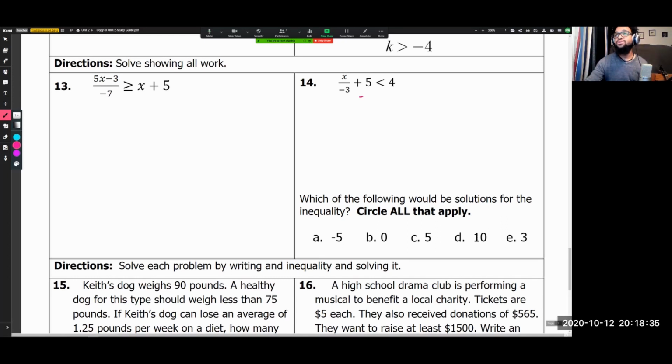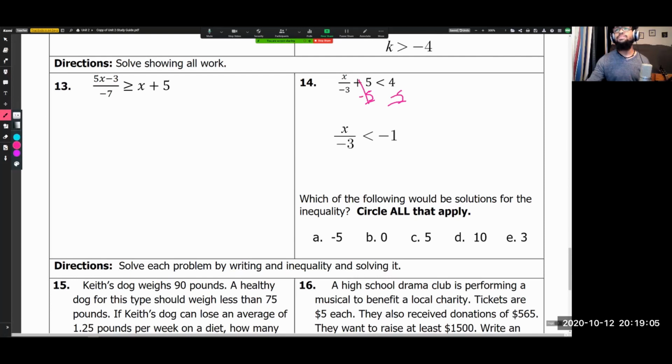So first, I'm going to subtract 5 from both sides, minus 5 from both sides, and I'm left with x over negative 3. 5 minus 5 is going to be 0. So this is going to be x over negative 3 is less than, and then 4 minus 5 is going to give me a negative 1. Don't forget to include that negative when you write that one, because that will throw you all off.